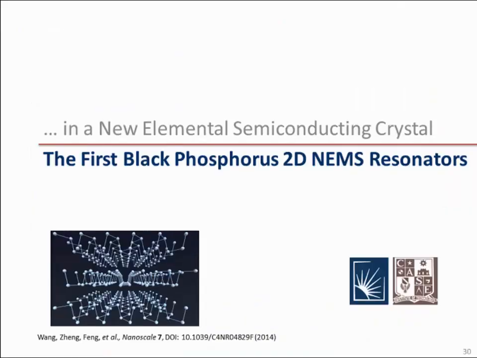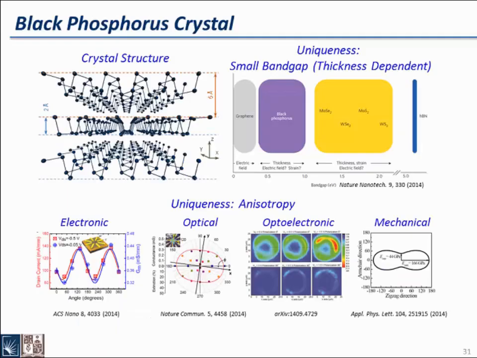And I'll quickly skip ahead, or do a trailer for you. There's another material, also resonator work, which is based on black phosphorus. Black phosphorus is another semiconductor, but different from the transition metal dichalcogenides. It's elemental. It's like graphene. It's a single element. It's not a compound.